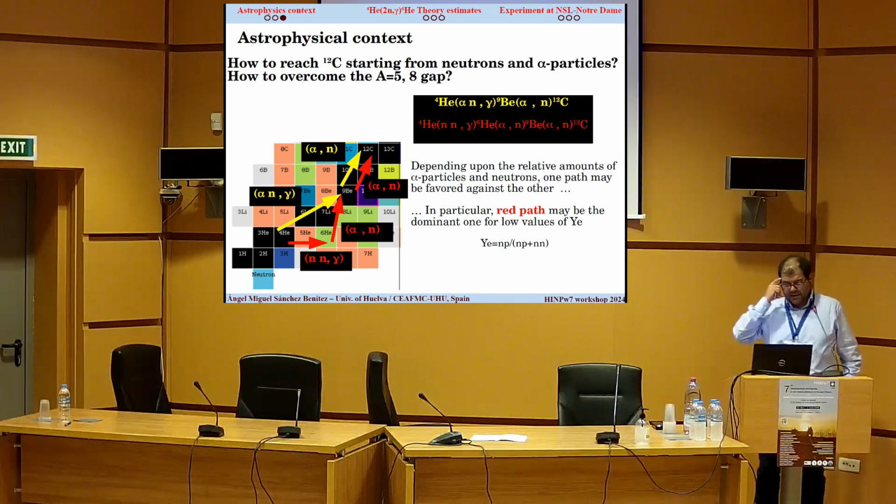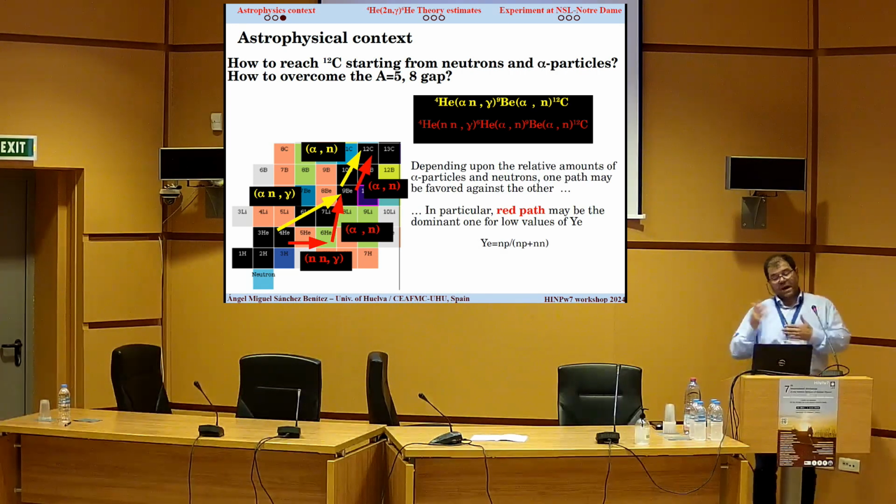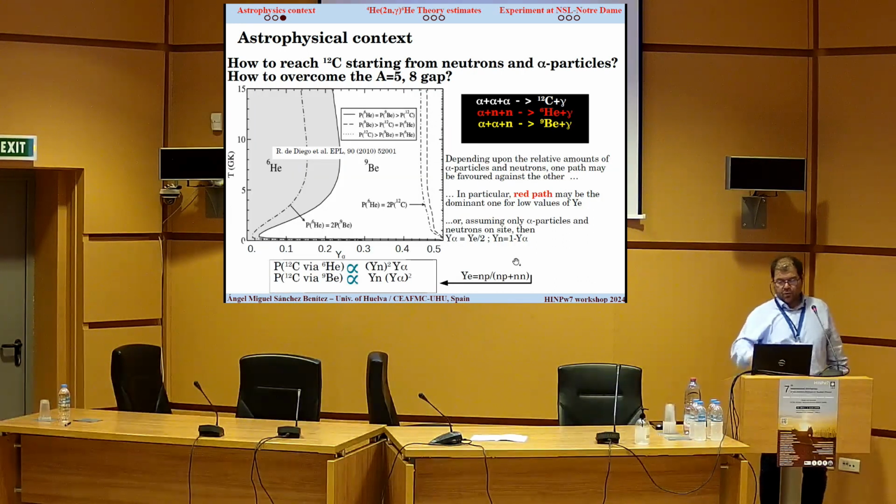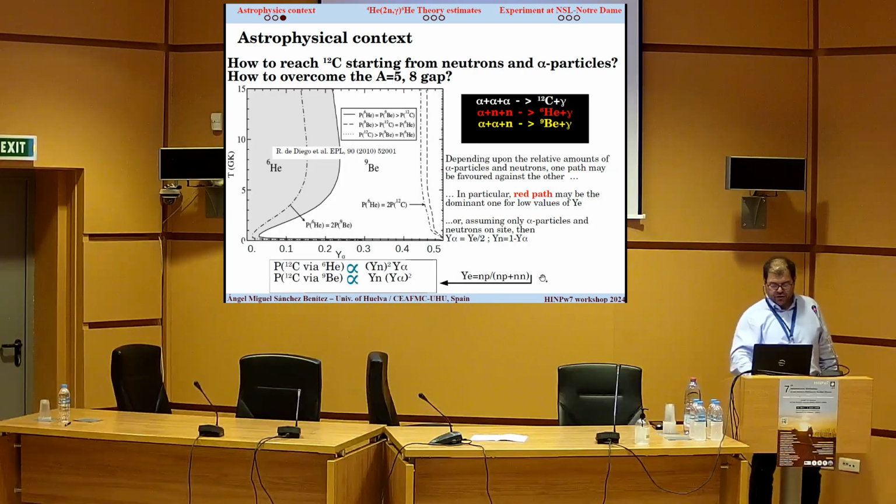And then these competing three-body reactions, well, which is more important? We can say that it may depend on the electron fraction, right? So we have here a publication from 2010 that developed a diagram for different electron fraction conditions.